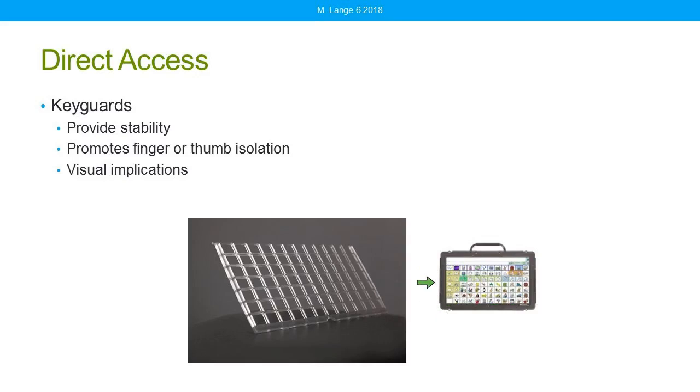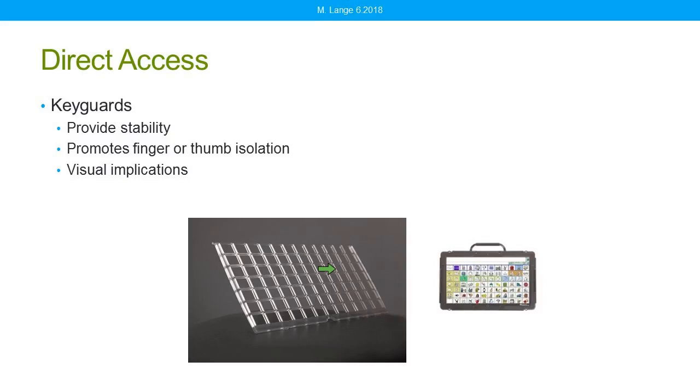How a key guard works is that the client can rest their entire hand on top of the surface of the key guard, which rests above the level of the display. They can then slide their hand to the desired location and push a finger or thumb through. So this can help the client with finger or thumb isolation, and it provides stability because my whole hand is resting on the surface of the display.